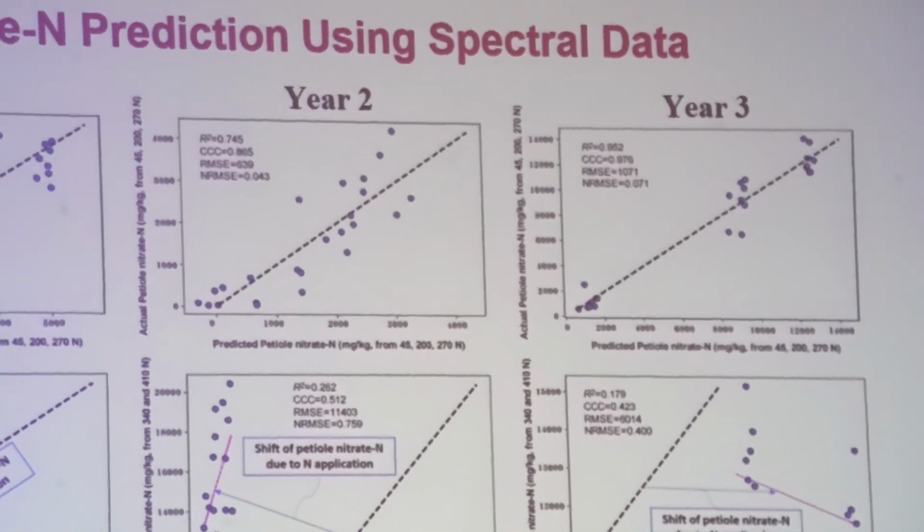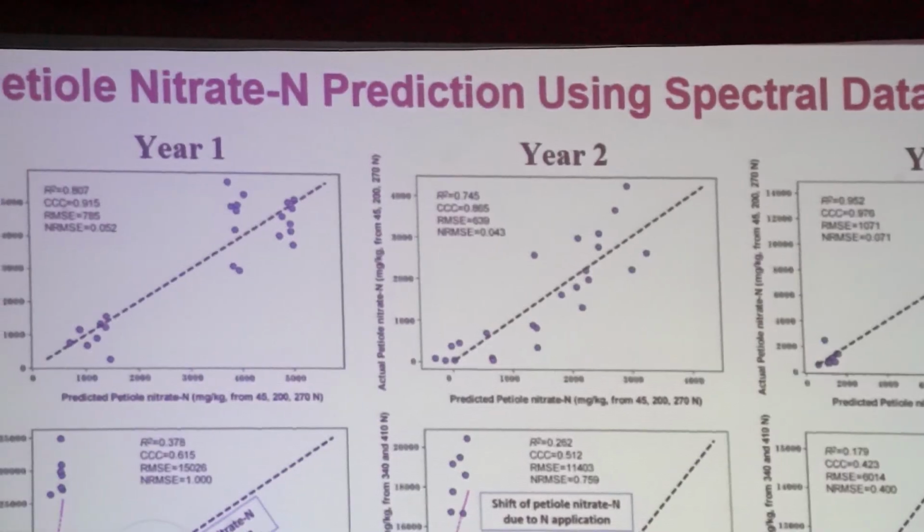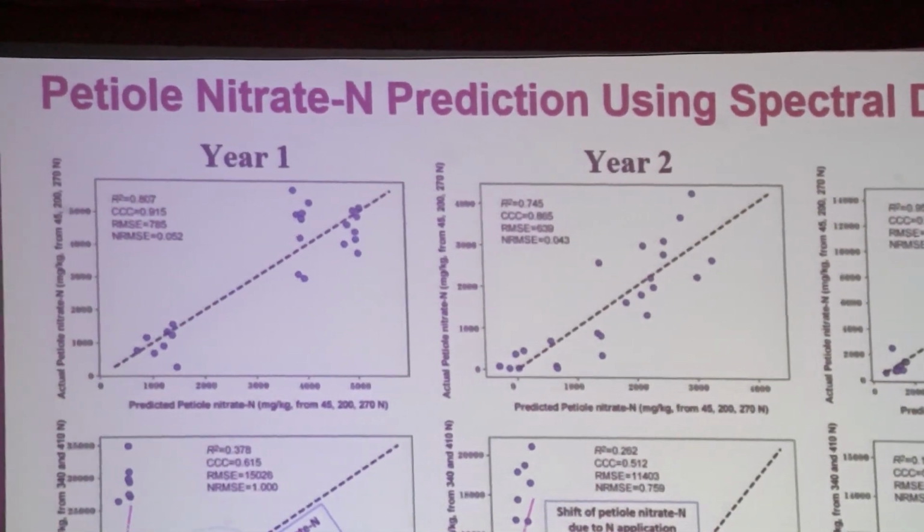It tells us that the model is predicting the shifting of nitrogen, even when we apply the nitrogen. This shifting can tell the farmers that the application can contribute more, giving more yield. And when it's shifting down or less, it tells the farmers that even though you do the application, it will not contribute to the petiole nitrate.